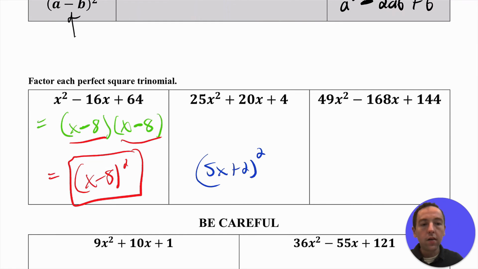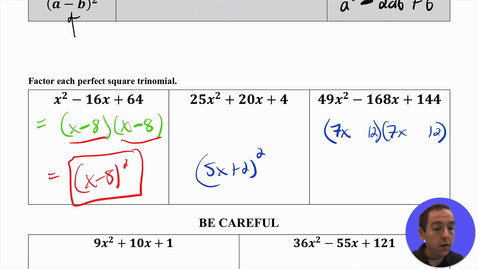And then jumping into the last example, you can see there's a 49 at the beginning and a 144 at the end, and they're both perfect squares, right? So that might help you to think, okay, maybe I could do 7x times 7x to give me the 49, and then does 12 times 12 give me 144? Of course. But what really matters is we want to get the negative 168 in the middle as well.